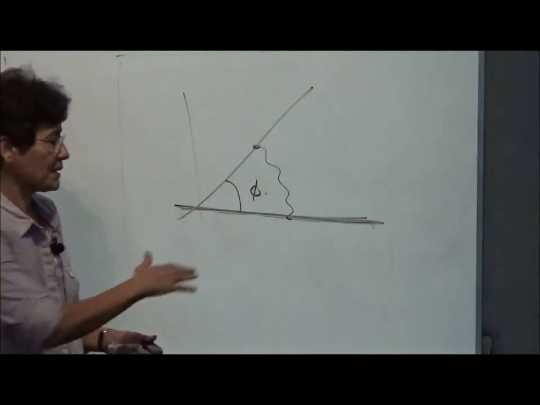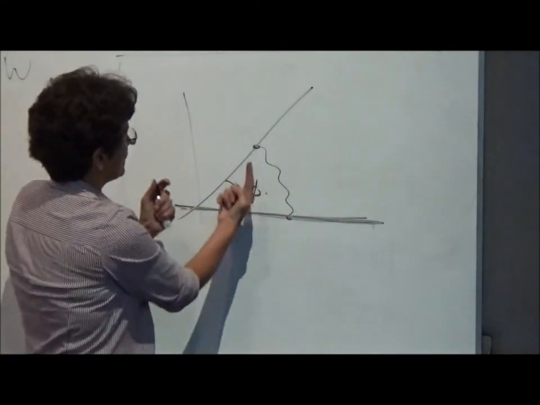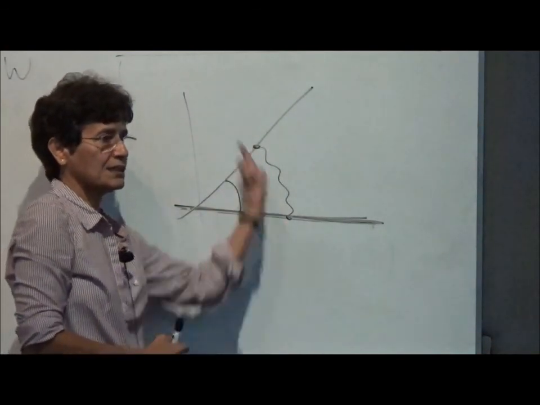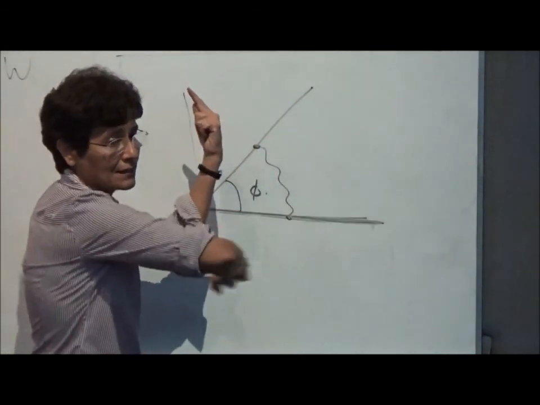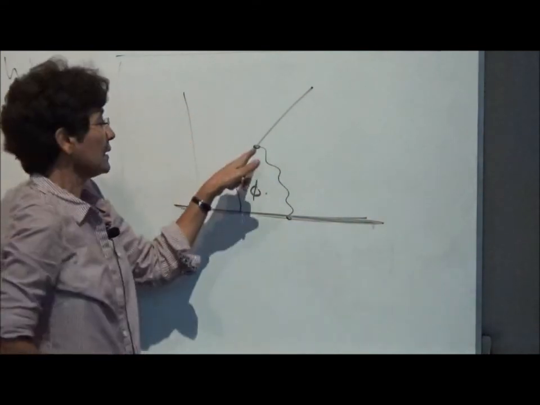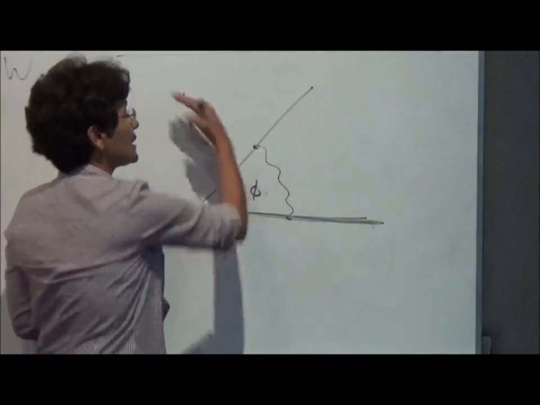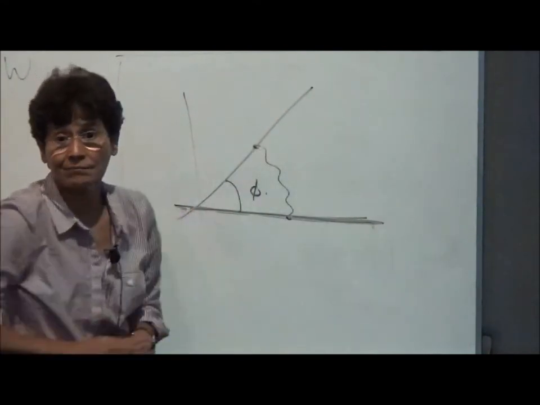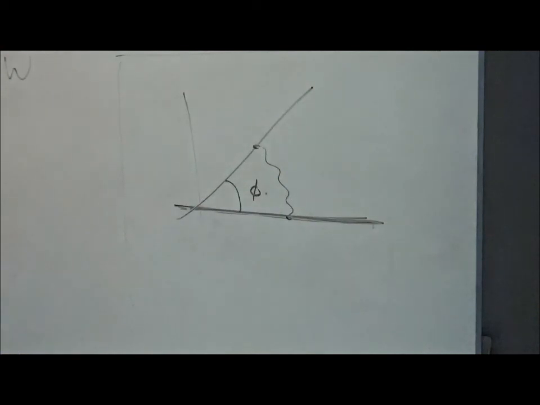This string has this coordinate fixed. It's like Dirichlet in this direction and Neumann in this direction. And here it is Dirichlet in the orthogonal direction and Neumann along this line. So you can write the boundary conditions for this. And again, write the mode expansion for this.